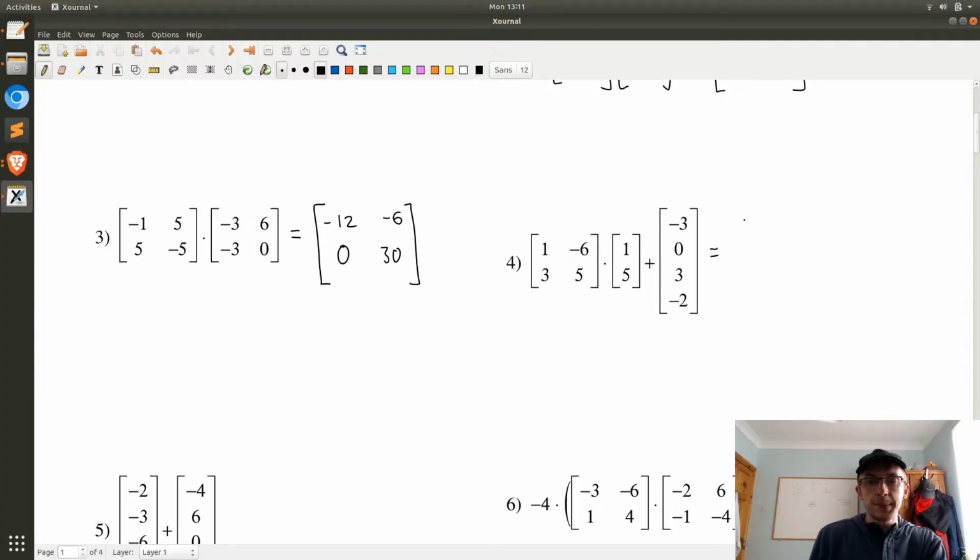Now, let's see here. So we have a 2 by 2 multiplied by a 2 by 1, which is hunky-dory. That's going to give us a 2 by 1 as a result. But then we have to add it to a 4 by 1, but this is undefined. Sorry, can't do it.